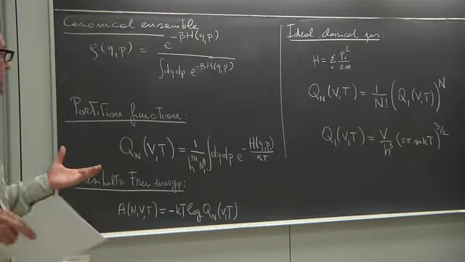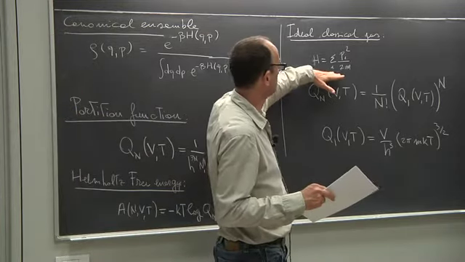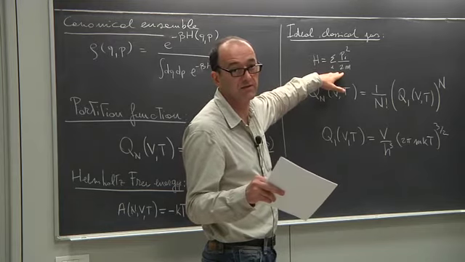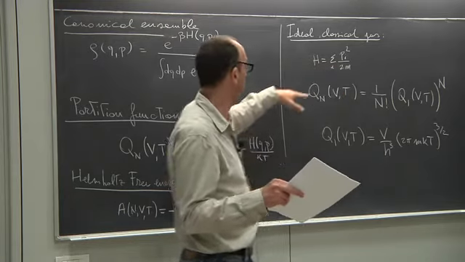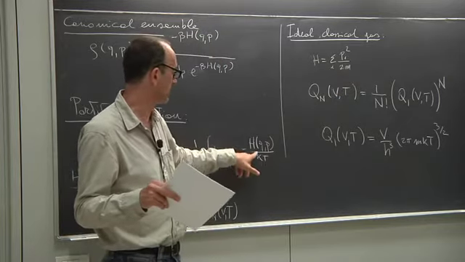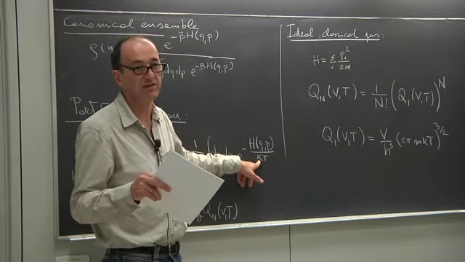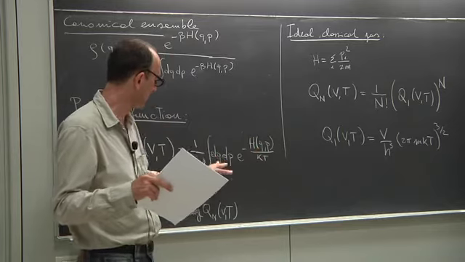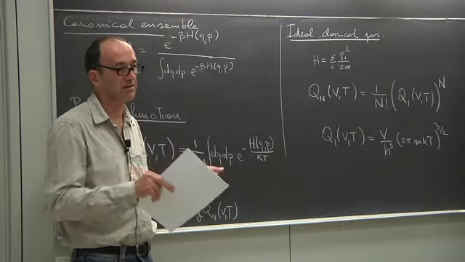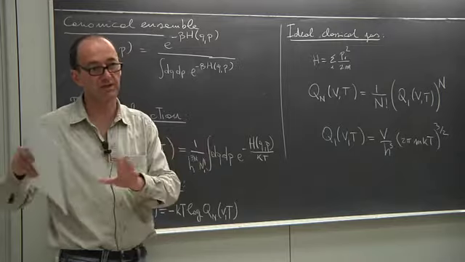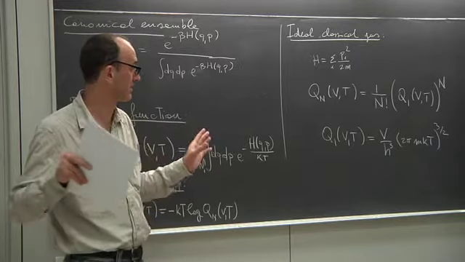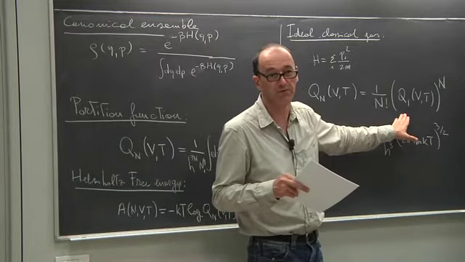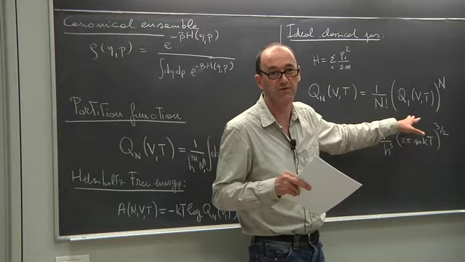In all non-interacting systems, the Hamiltonian is the sum over the different particles, and then e to the minus Hamiltonian divided by kT can be factorized over the different particles, so I can always factorize the integral. And so I will always have this form of the partition function.